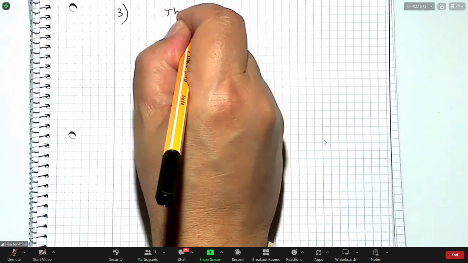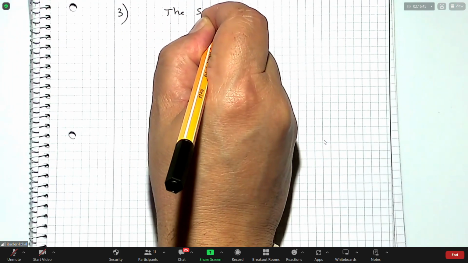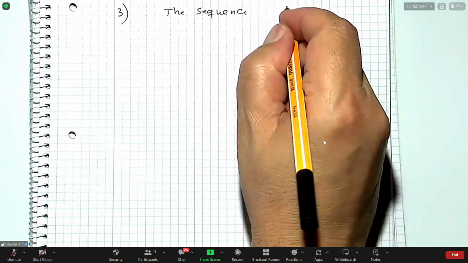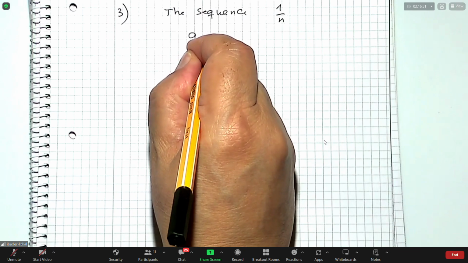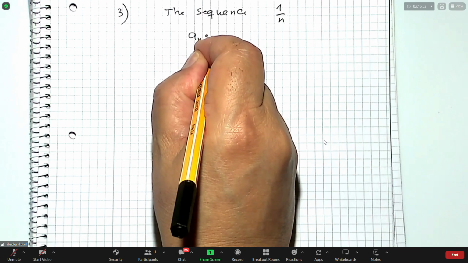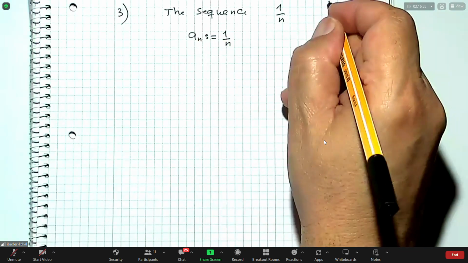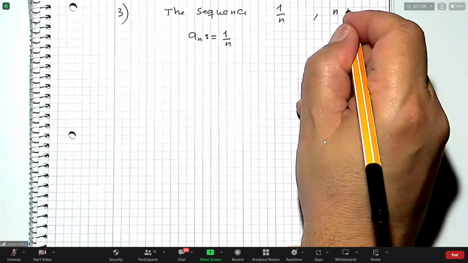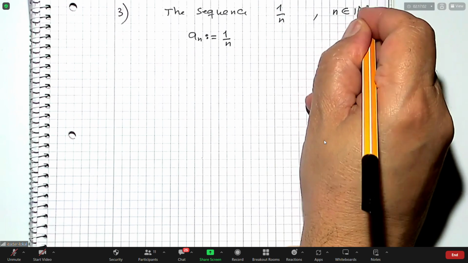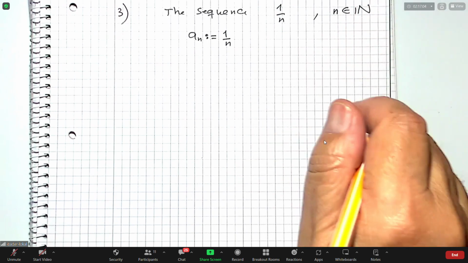I will just call it the sequence 1 over n. So here an is defined as 1 over n, but here one should note that n is just a natural number. It's not 0 because it's not defined there.